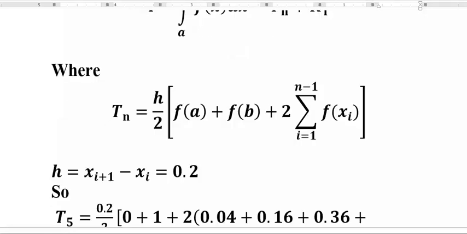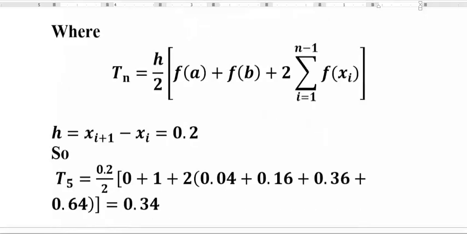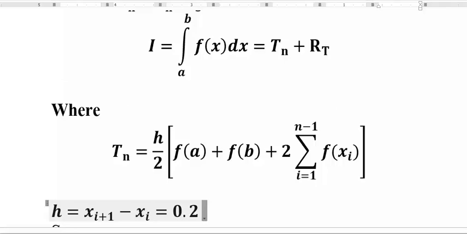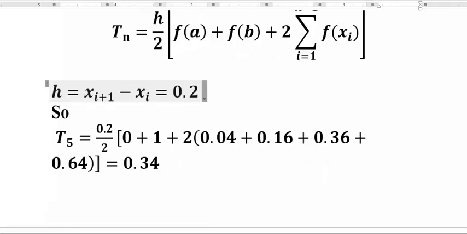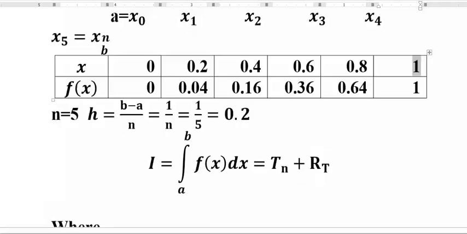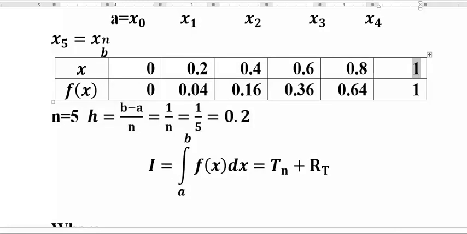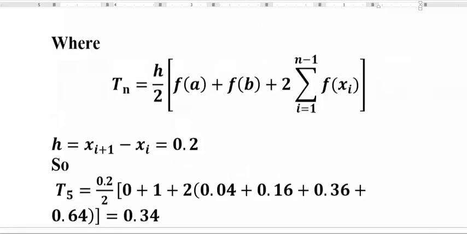This is f of a and this is f of b. I'm sorry, this is f of a, which is 0, and this is f of b, which is 1. Okay, let's write it.